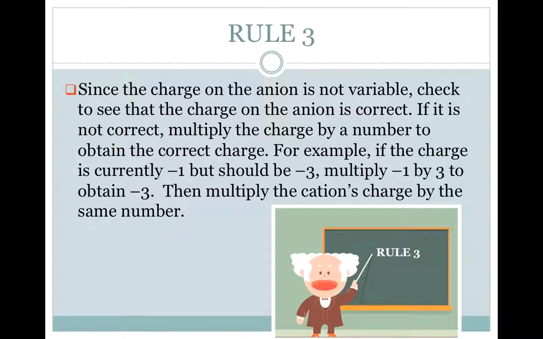If it is not correct, multiply the charge by a number to find the correct charge. The example is given. Let's say the charge on the anion should be minus 3. But when you do reverse crisscross, the charge is -1. That means you have to multiply both of them by 3, so that you would have the cation's charge and then you would have the anion's charge.